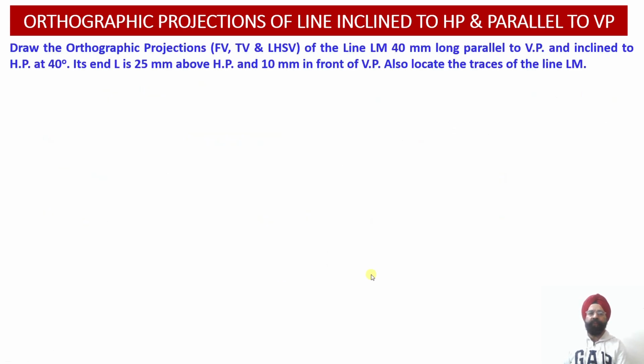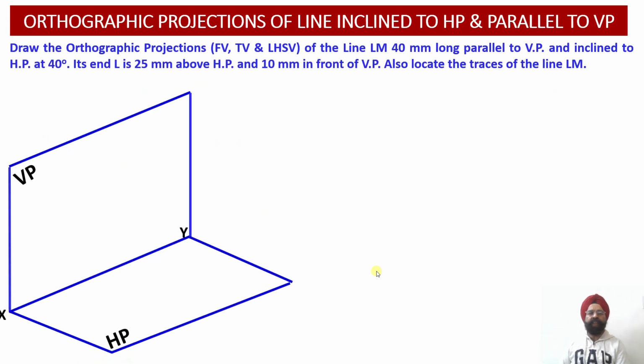So let us first of all obtain the spatial location of this particular line LM with respect to the three reference planes, that is horizontal plane, vertical plane and the profile plane. Here we have constructed the horizontal plane, the vertical plane, and the intersection of the horizontal plane and the vertical plane will provide us with the XY reference line.